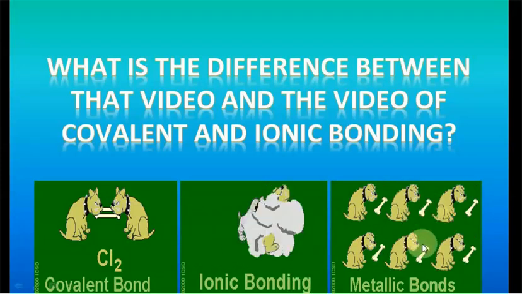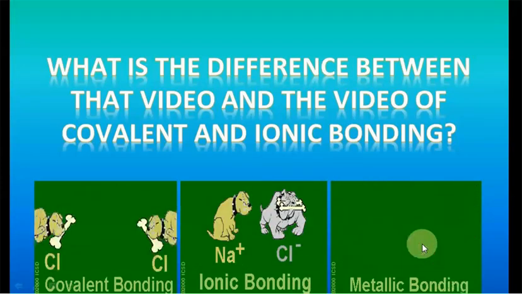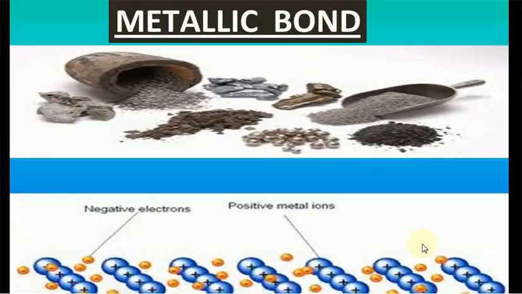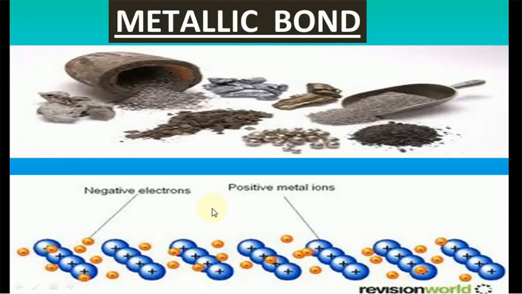What is responsible for forming metallic bonds? Any metal has positive ions like this and negative free electrons like this. Electrons have negative charge and ions have positive charge.